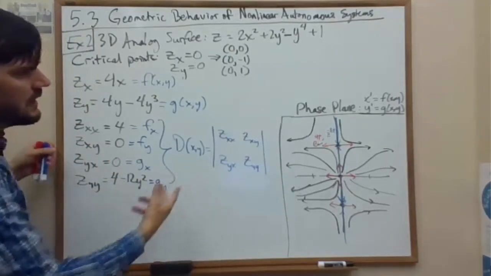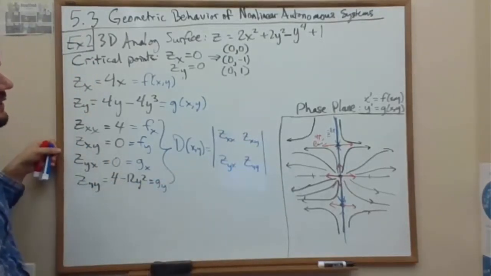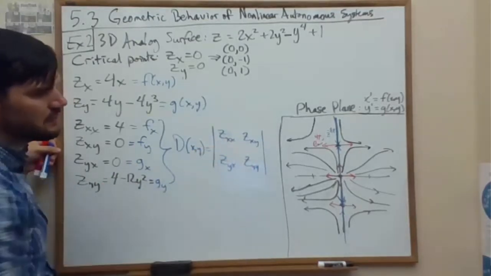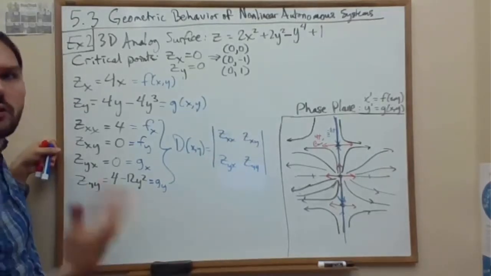This discriminant tells us whether the concavities, x or y, agree or disagree.